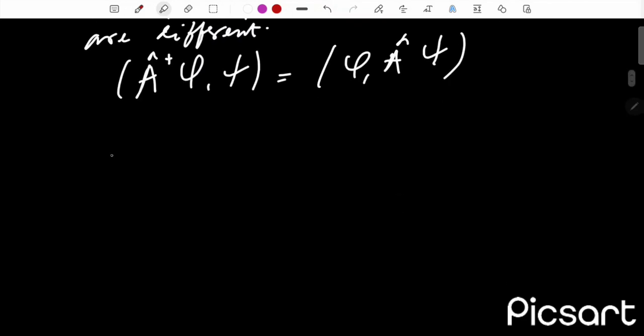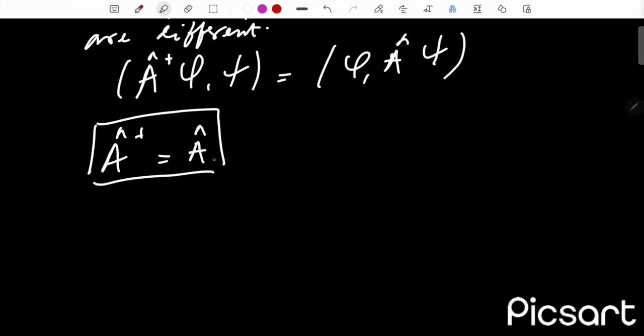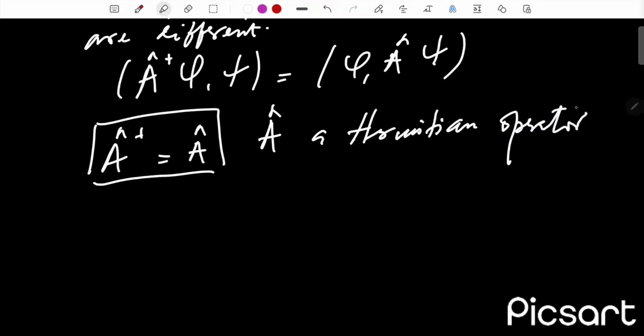But for now, suppose that A dagger is equal to A. If A dagger is equal to A, then we call A a Hermitian operator.